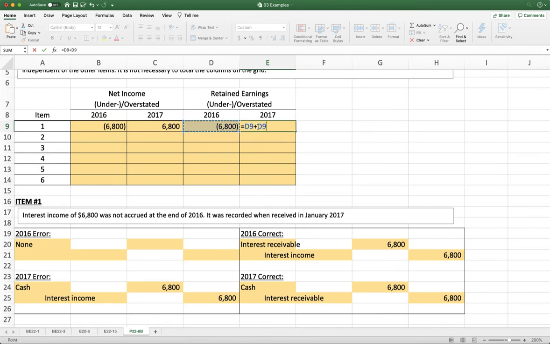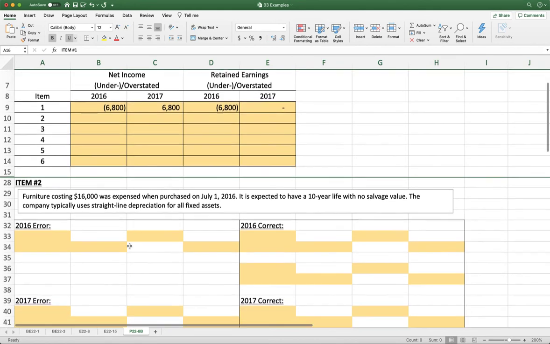We're going to add to that an overstatement of $6,800. And so retained earnings will actually be correct at the end of 2017. So this is an example of a counterbalancing error. Our income statement was wrong in opposite directions year over year, which meant that our retained earnings corrected itself after 2 years.